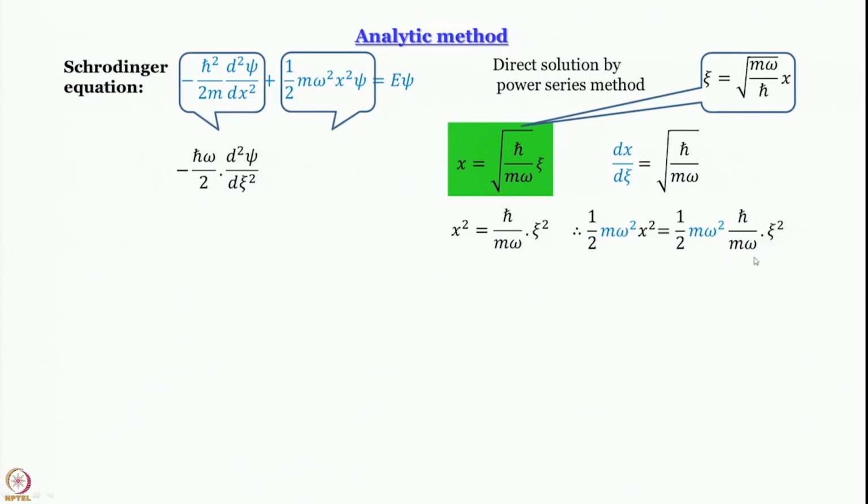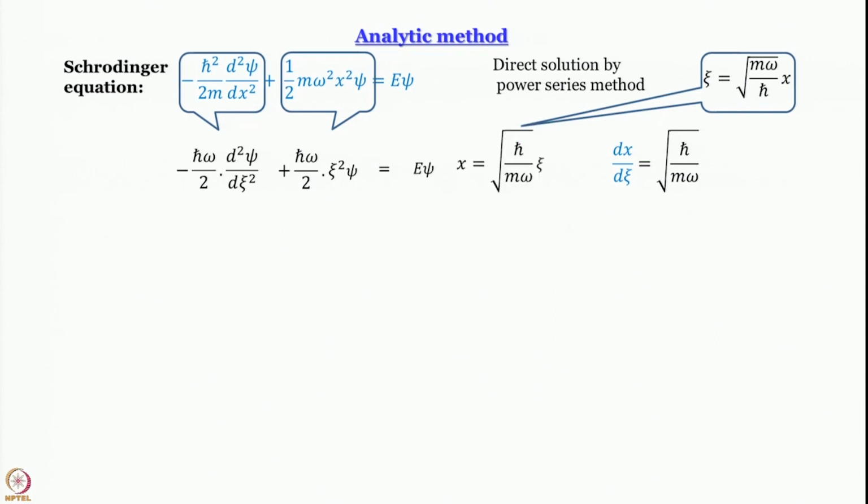So, m and m cancel, one of the omegas cancel, you are left with h cross omega by 2 xi square. We will write that. Left hand side now is written in terms of xi: minus h cross omega by 2 d2 psi d xi 2 plus h cross omega by 2 xi square psi, that of course will be equal to E psi.